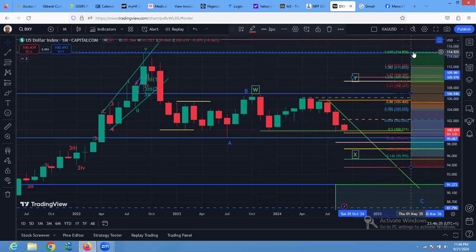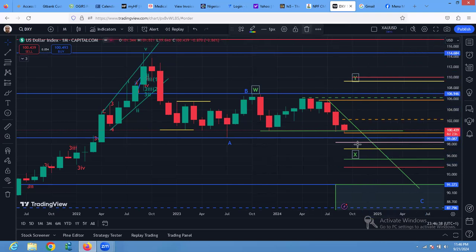Now, what I'm trying to say here is, if this is going to play out, we'll see. But once price breaks this level, price looks set to come to this point, and it's a big move to that side. So we are going to look at this as how to plan our trade.